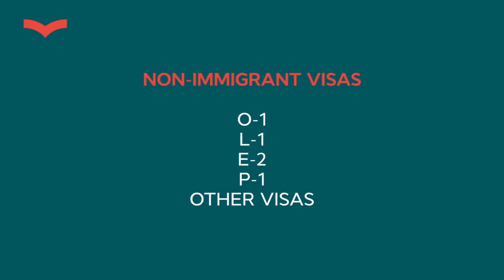However, don't be discouraged, because there are other programs, other working visas that have a lower requirement to get to the States, but still you have to have an employer in almost all of them. So any other visa that you can hear, O1, L1, E2, P1, and other visas, most of them are employment-based non-immigrant visas.